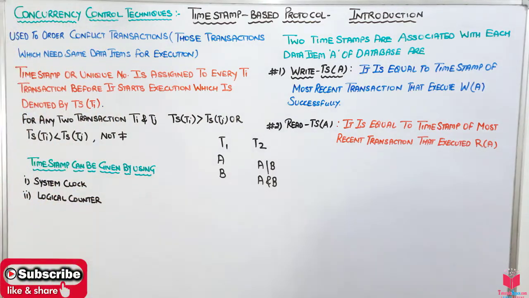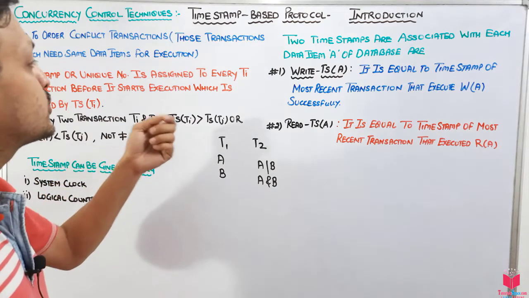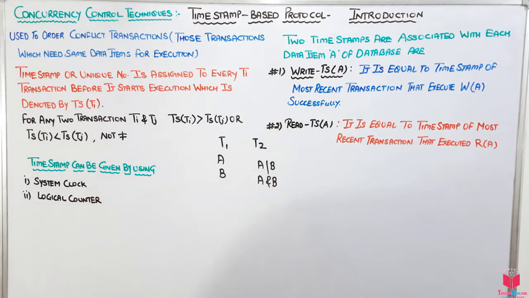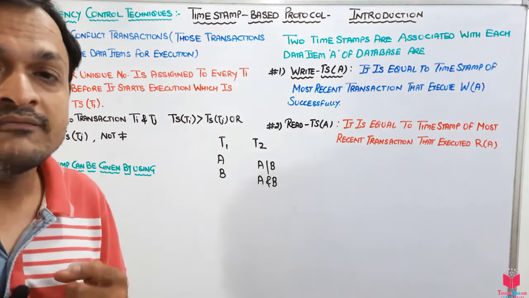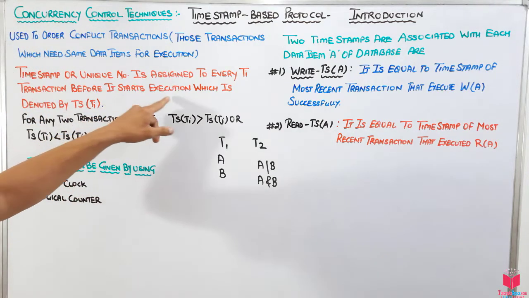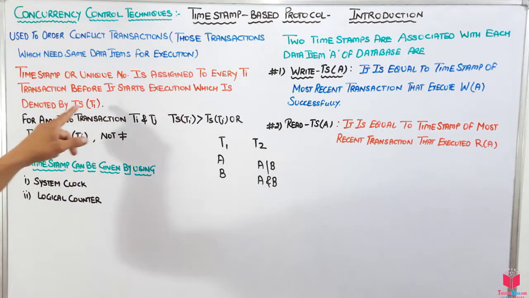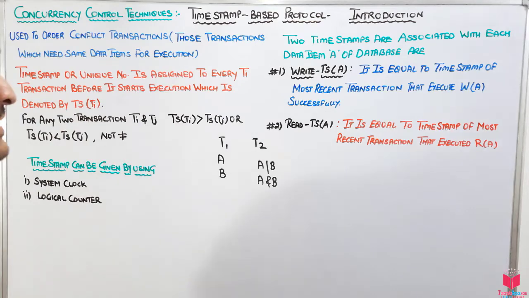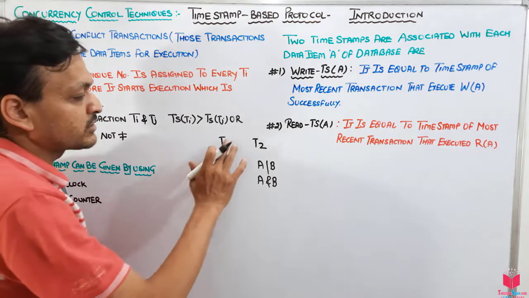Okay guys, let's move to another point. A timestamp, or unique number, is assigned to every transaction Ti. In this we provide a timestamp or a unique number to every Ti, that means every transaction, before it starts execution, which is denoted by TS(Ti). Suppose we have these two transactions.